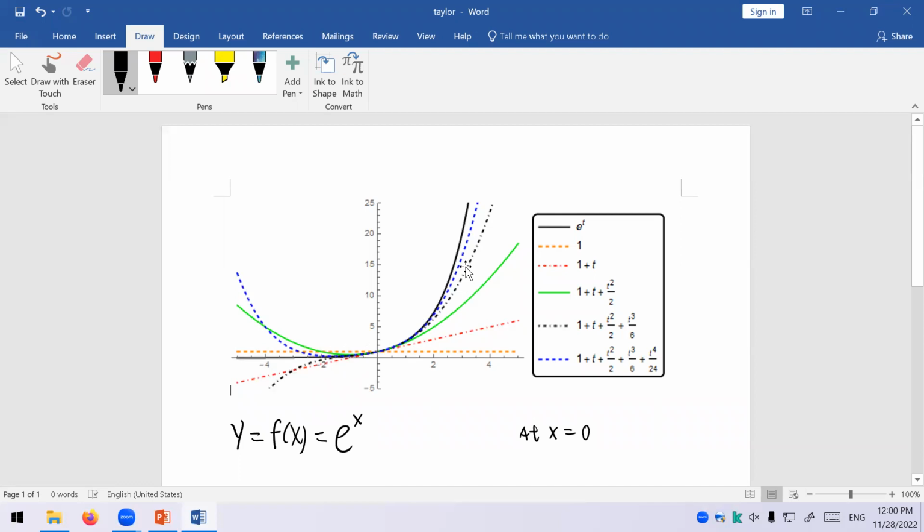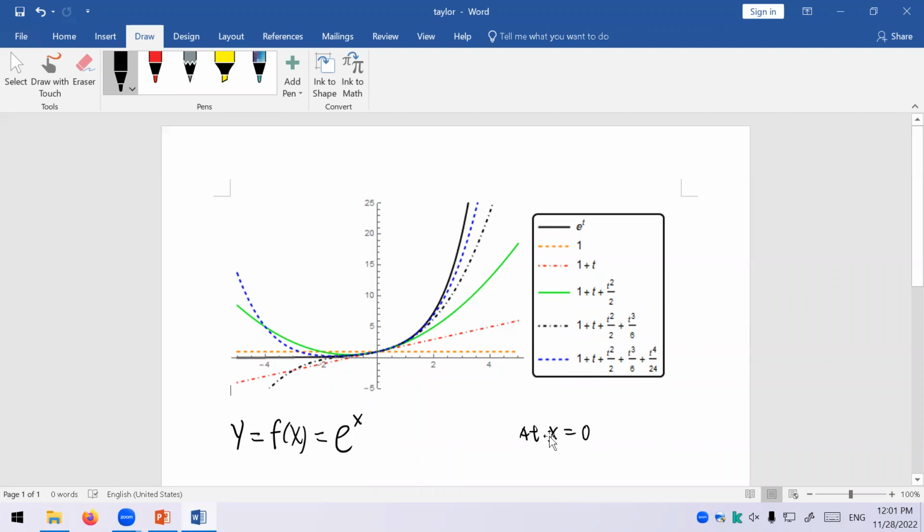So sometimes, if you want to approximate the function using Taylor series at this point, rather than at 0, then you should do the Taylor expansion at this point, because the closer you are to the expansion point, the better approximation you get.